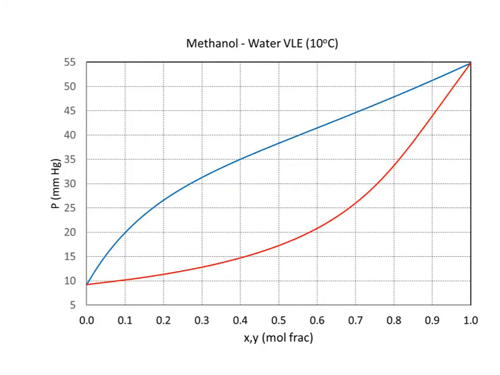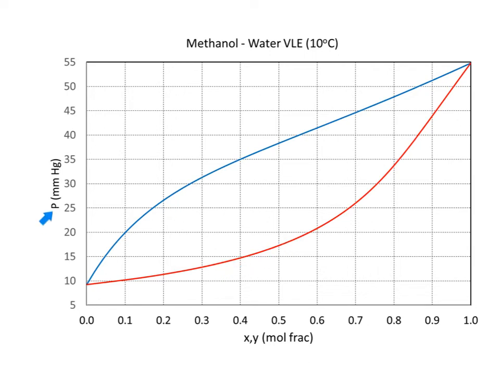This is the PXY diagram for this system at 10 degrees C. Here I've got the total pressure in millimeters of mercury, and on the x-axis I have the mole fractions in the liquid phase and the vapor phase. This is the liquid phase, this is the vapor phase.